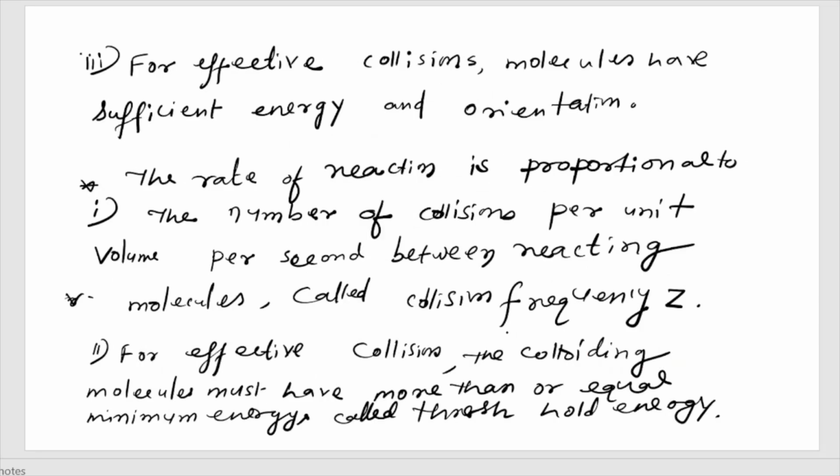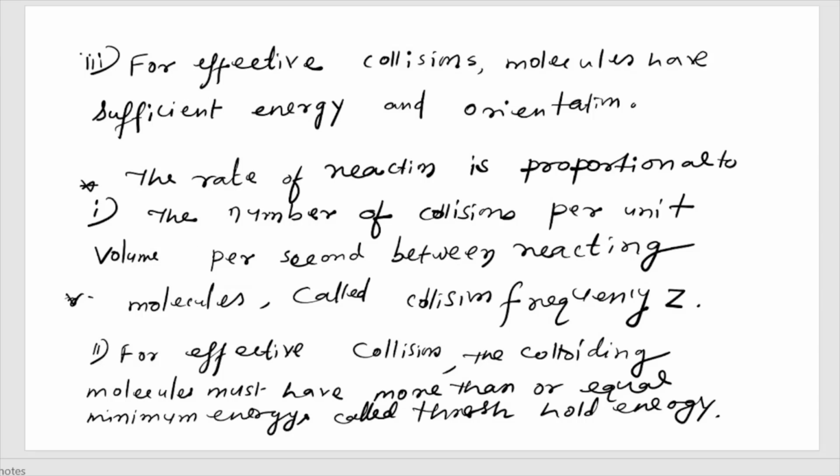For effective collision, the molecules must have sufficient energy and proper orientation. When the molecules come close to each other, there should be some orientation in space so that they can collide in a proper way, and with sufficient energy also.